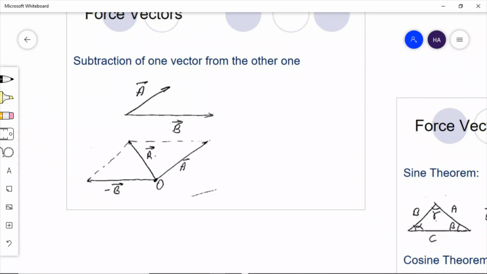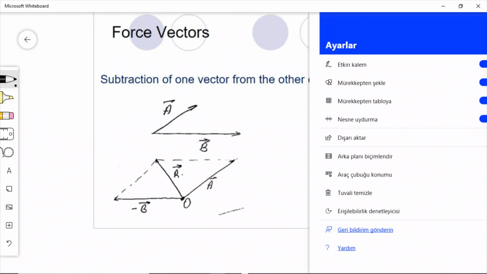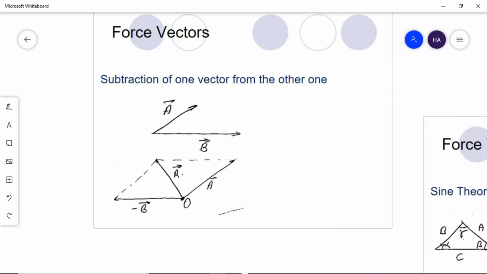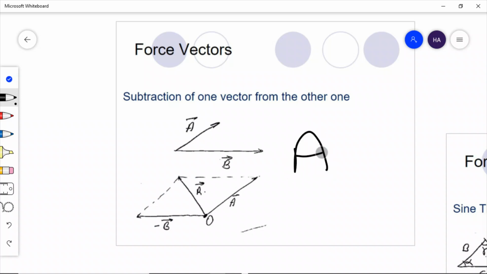Again, let's assume that I have two vectors A and B, and I want to find A minus B. This is what I'm looking for. And certainly A minus B will give me the resultant one.